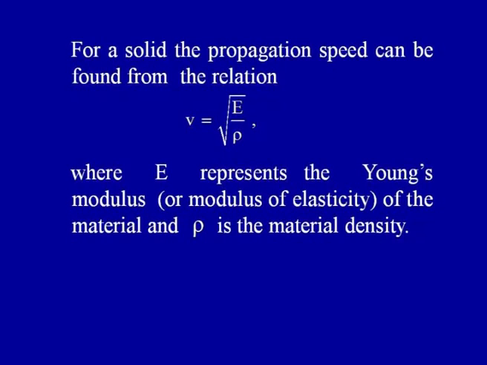For a solid, the propagation speed can be found from the relation v is equal to the square root of E upon rho, where E represents Young modulus, or the modulus of elasticity of the material, and rho is the material density. See, this relation explains why the speed of sound in solids is much higher than in gases or even in liquids.